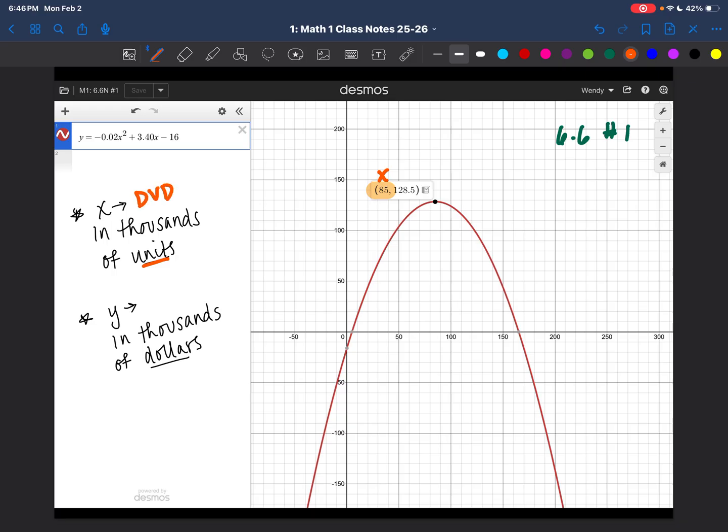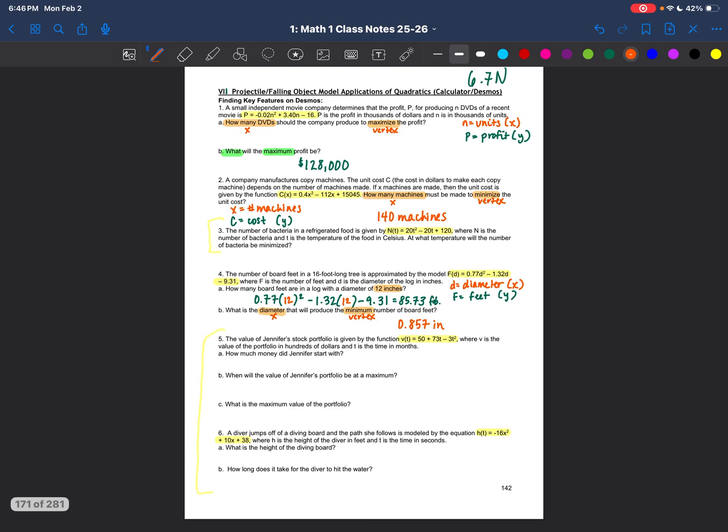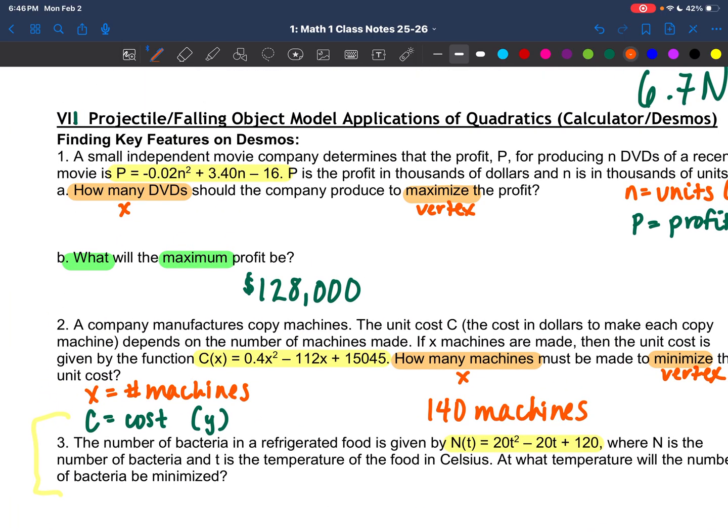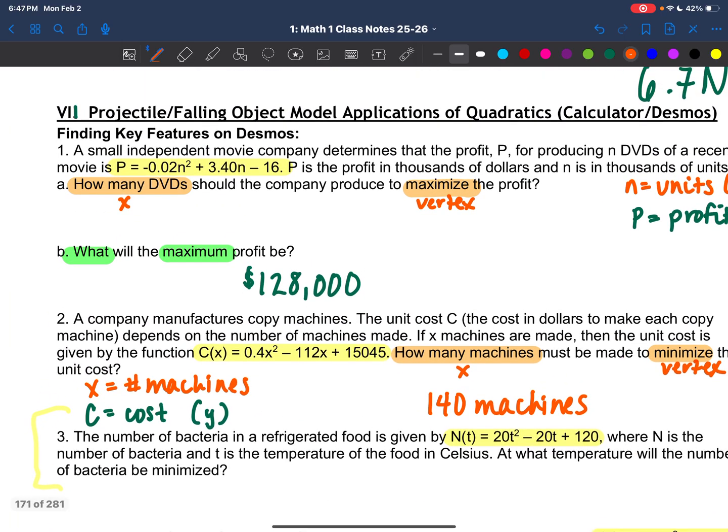It says 85, but it really means thousands. So it really means 85,000 DVDs. So in this case, it'd be 85,000 DVDs.